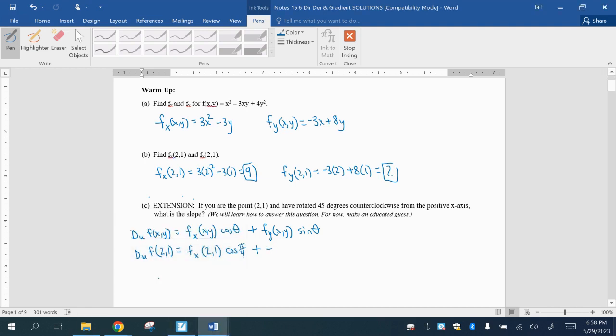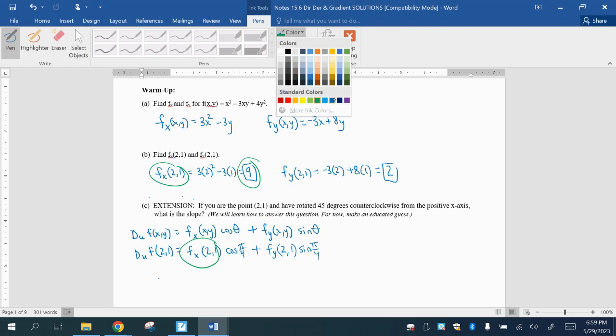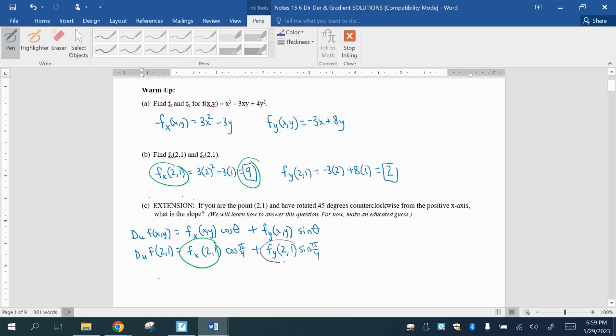And we will find the partial with respect to y of xy at 2, 1 times sine of pi over 4. So we will replace the partial with respect to x with the 9, and we'll replace the partial with respect to y with the 2.